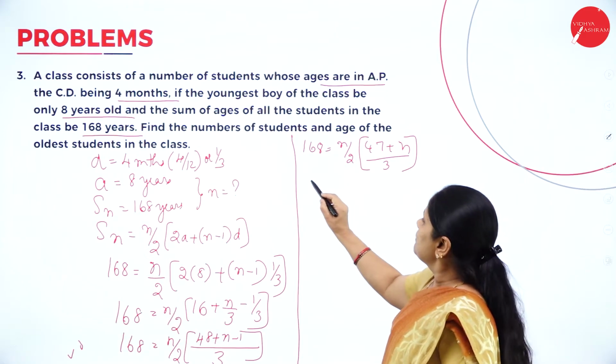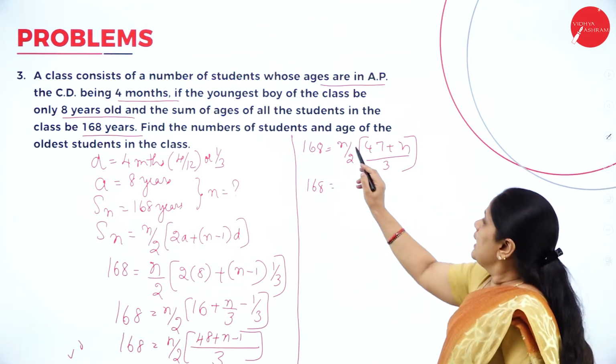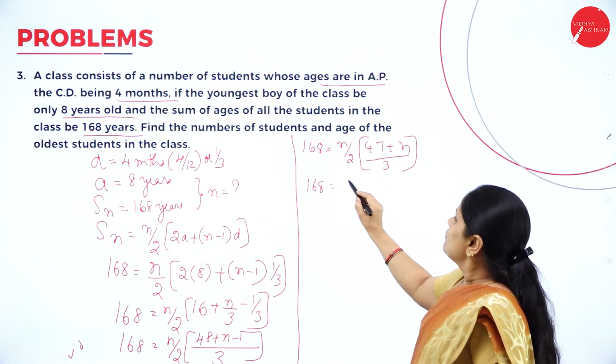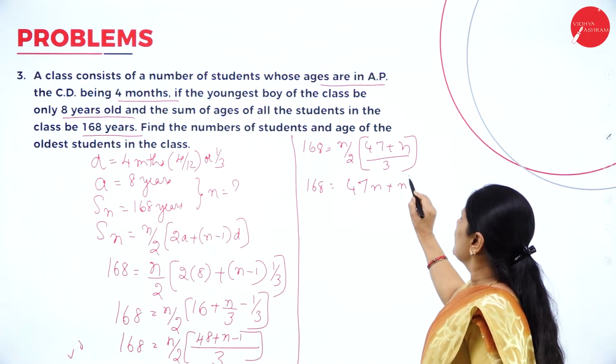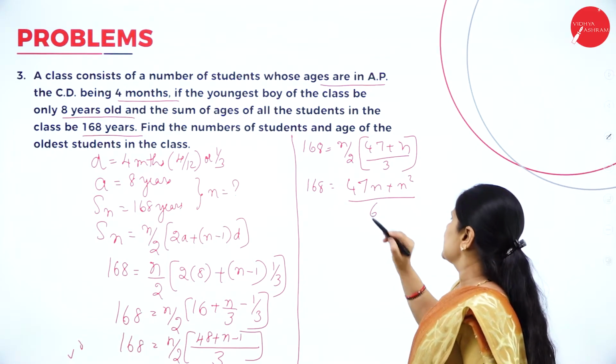Now I'll simplify this. So 168 will be n by 2 into 47, that will be 47n plus n square divided by 3 into 2 is 6.